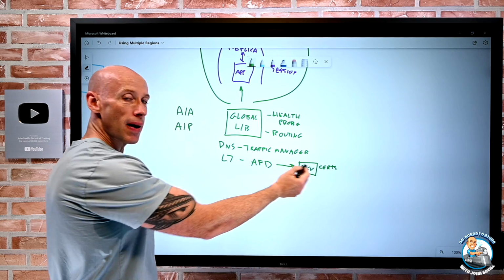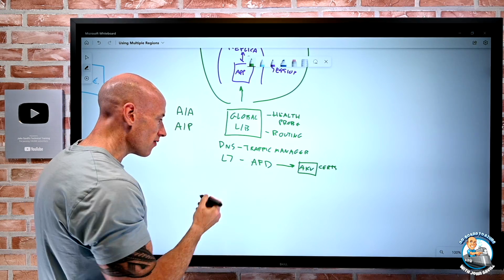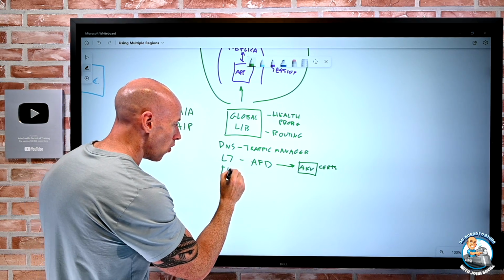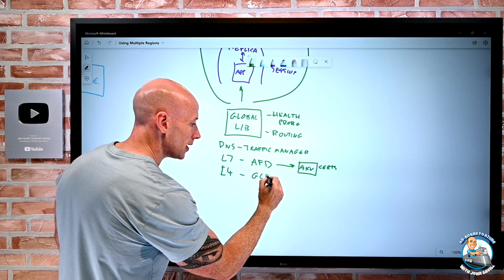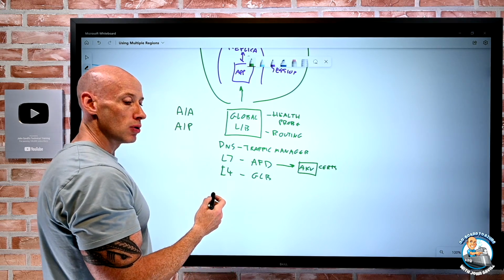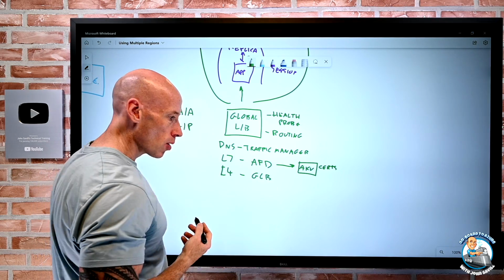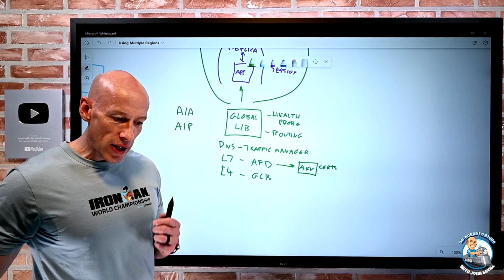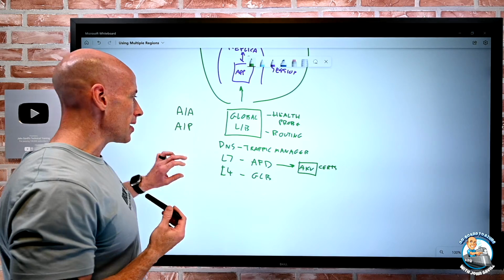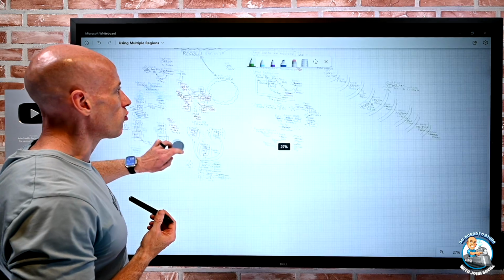So I'd want to think about that Azure Key Vault. If it's layer 4, well, there's now a global load balancer that can point to local load balancers. So if it's not layer 7, maybe I use the global load balancer.